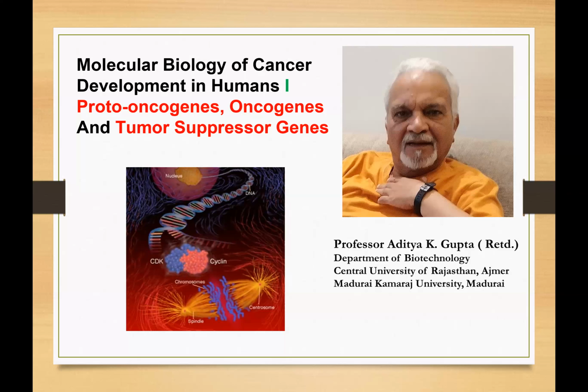But what happens in a mature human body when the cell undergoes differentiation and organ formation? These cells stop dividing. And even if they are recalled back for dividing, this process is highly controlled and regulated.